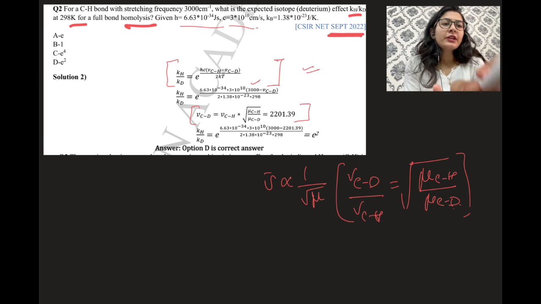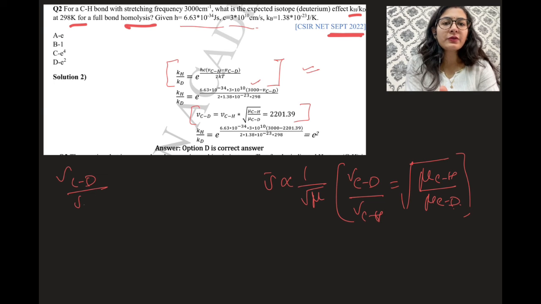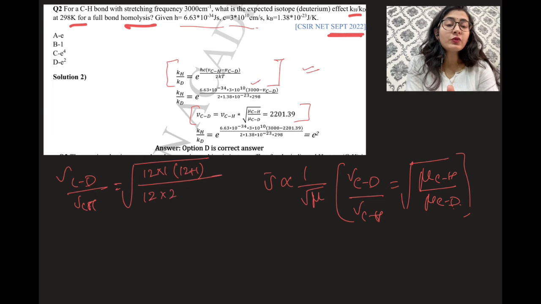Nu CD upon nu CH is equal to, the mass of carbon, let's say it is 12, so reduced mass is 12 into 1 upon 12 plus 1, divided by 12 into 2, for deuterium, divided by 12 plus 2.